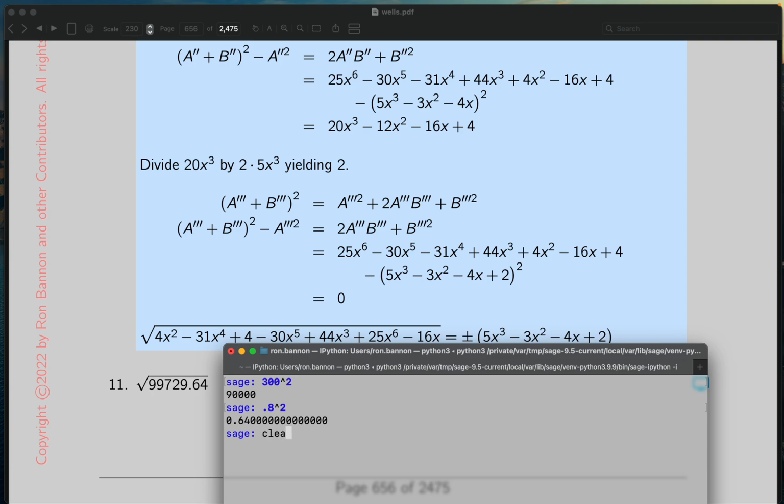Let me clear the screen. Let me go back to the square root now. SQRT. And what I don't know is what's in between the number. For example, if I do 300.8 squared, I know it's going to give me the first digit, that's the 9, and then that decimal place, which is 0.64.